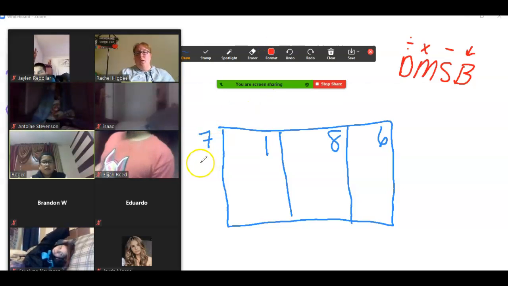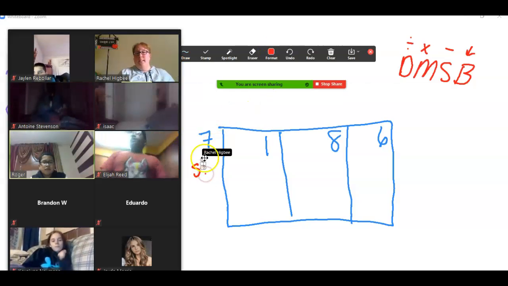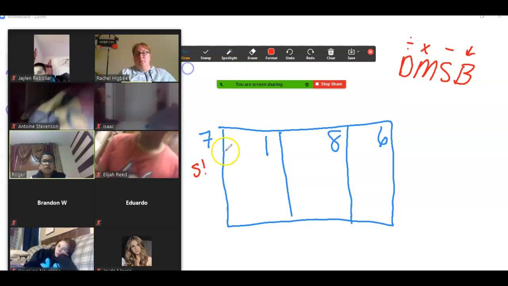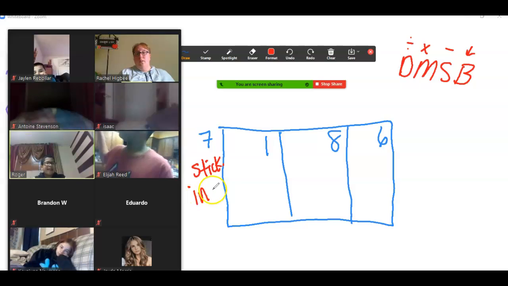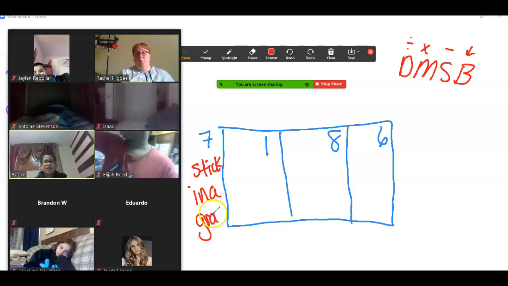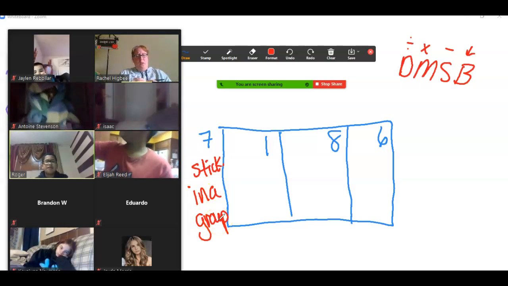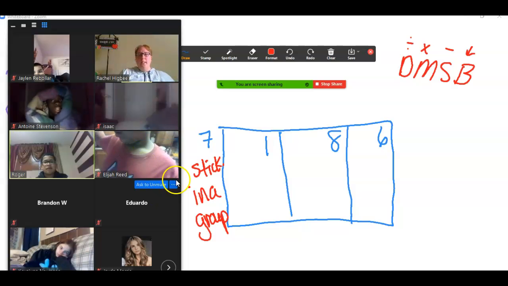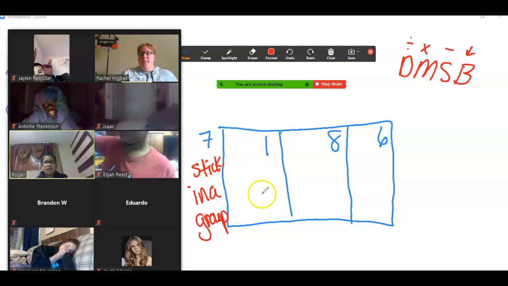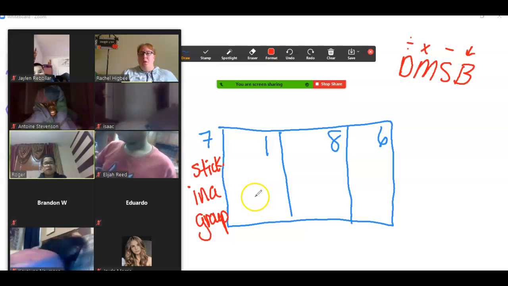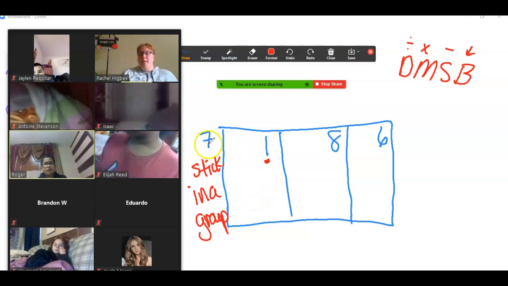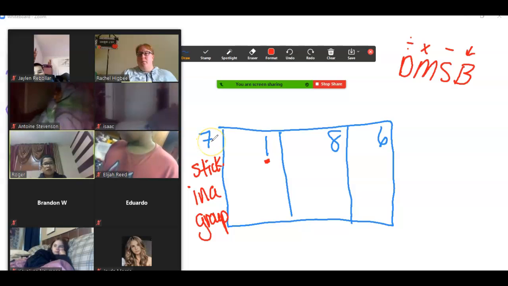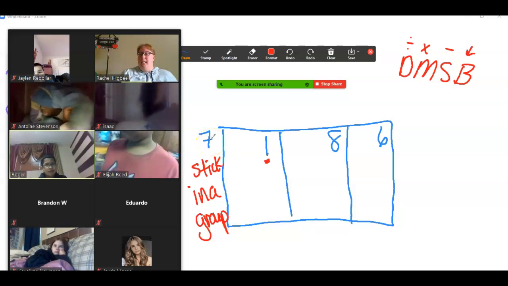So 7 stickers, again, 7 stickers in a group. We only worry about one place value at a time. If I have one sticker, can I make a group of 7? I cannot.